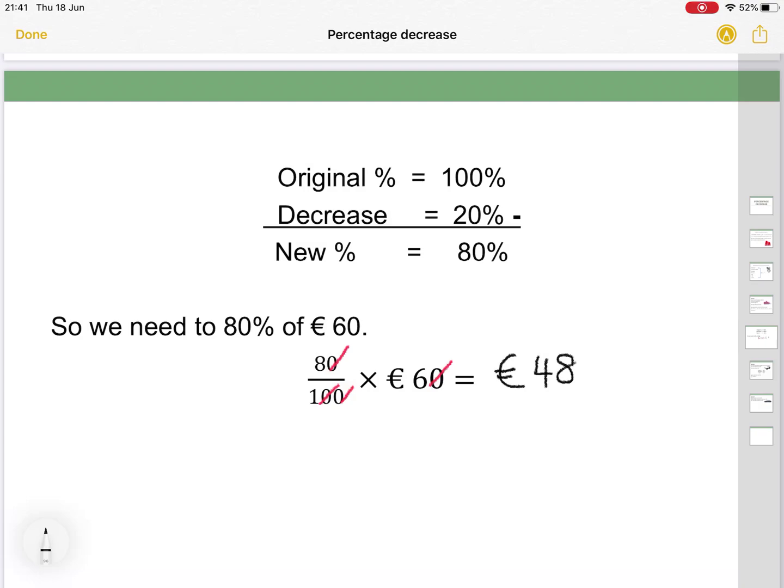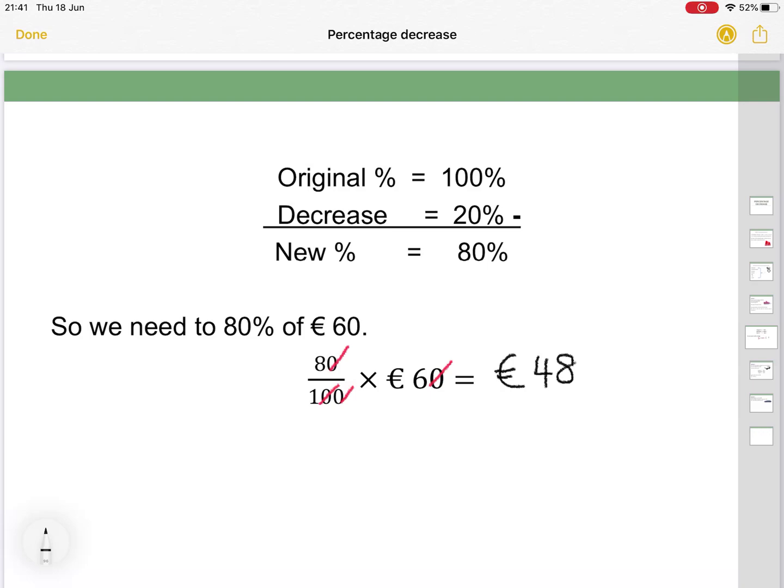The price of the items decreases, all right? It is getting smaller, it's getting lower. So instead of buying the trainers for 60 euro, I'm buying the trainers for 48 euro during a sale. Since the number decreased, it makes a lot of sense.